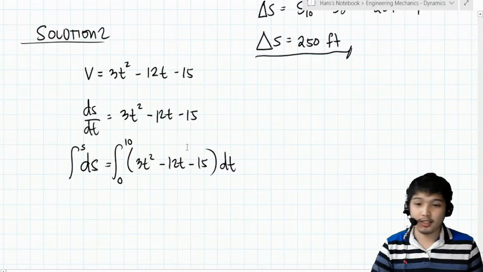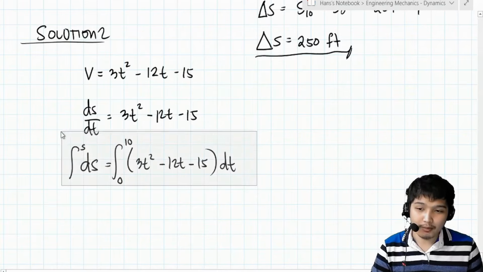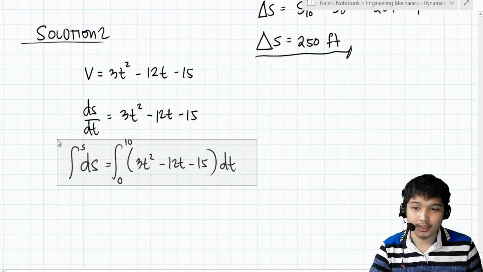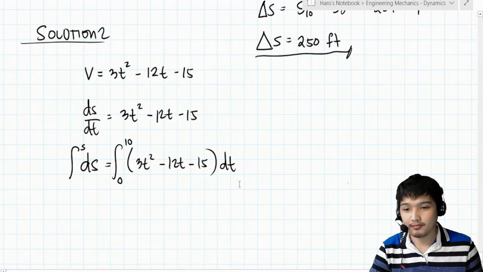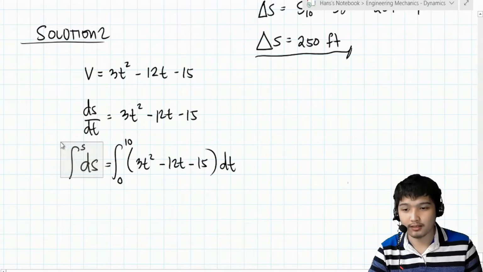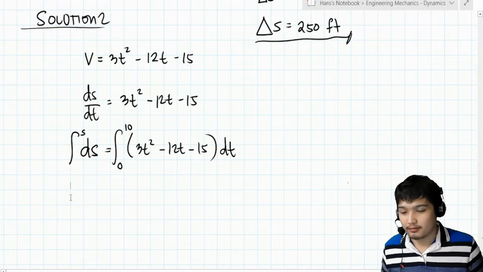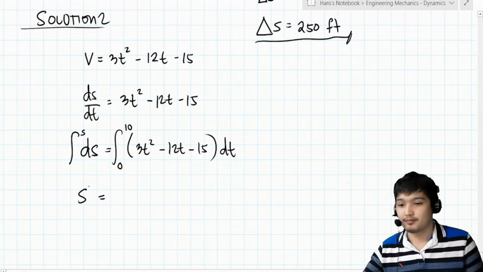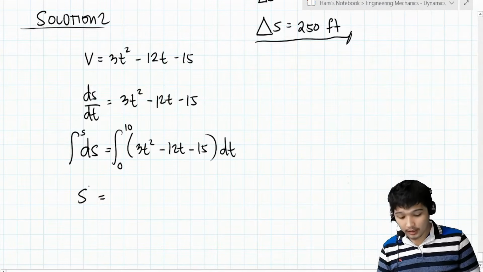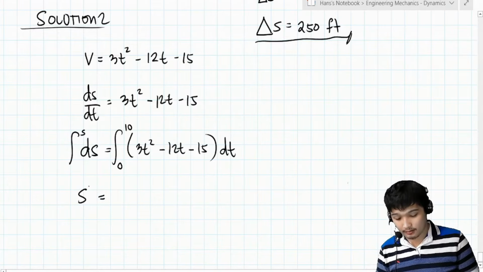So sana nag-gets nyo yung idea. So kung ganito yung gagamitin natin, yung velocity equation, pwede natin siyang integrate directly from initial to final. And then ang makuha natin, of course, yung displacement na. So that is S ay equal sa, integrate nyo, guys, kayo nang bahala dyan.